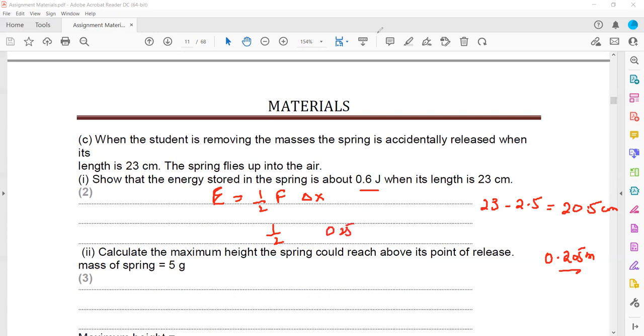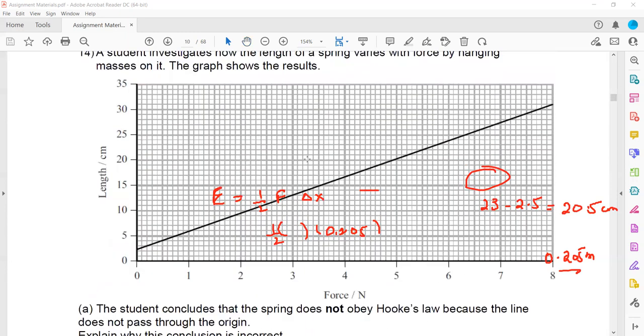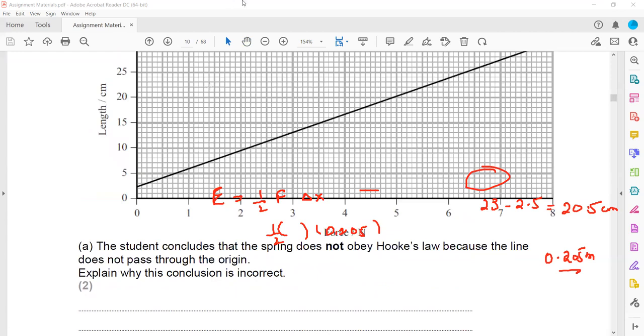But how to know the force? To get the force, you have to use the graph. When the length is 23, how much is the force? You have to use the graph. So length 23, each square is representing 1, so 21, 2, and 3.